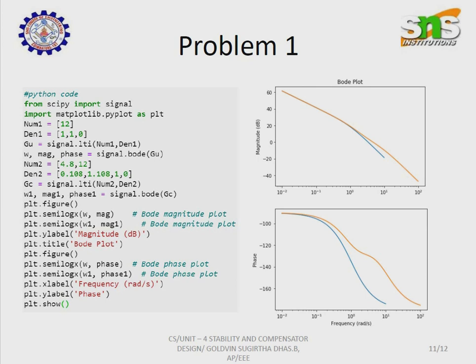For that we are using plt dot figure of plt dot semilogx of omega comma phase for the uncompensated system, and plt dot semilogx of omega1 comma phase1 for the compensated system, and plt dot xlabel for labeling the x-axis, and we are labeling the y-axis as phase plot. Next we are giving plt dot show to display the result. So we can do this both by using MATLAB and Python.